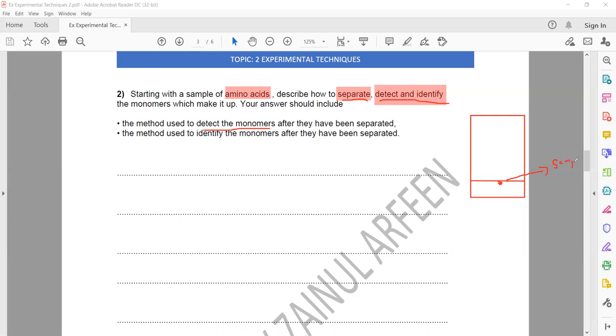A sample is a mixture of amino acids or small molecules or monomers, we can say. Then we use a suitable solvent, so the spots will rise. How many spots you see shows the number of amino acids. Like if you see 3 spots, it means 3 amino acids are there. If you see 4 spots, it means 4 amino acids are there.